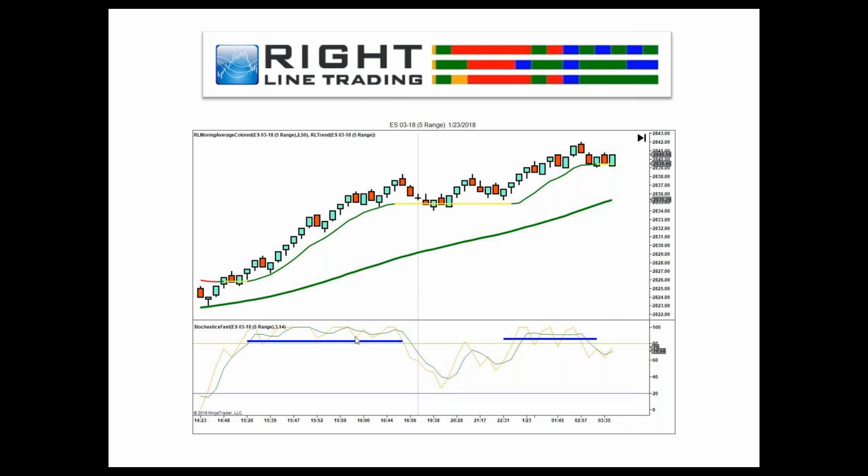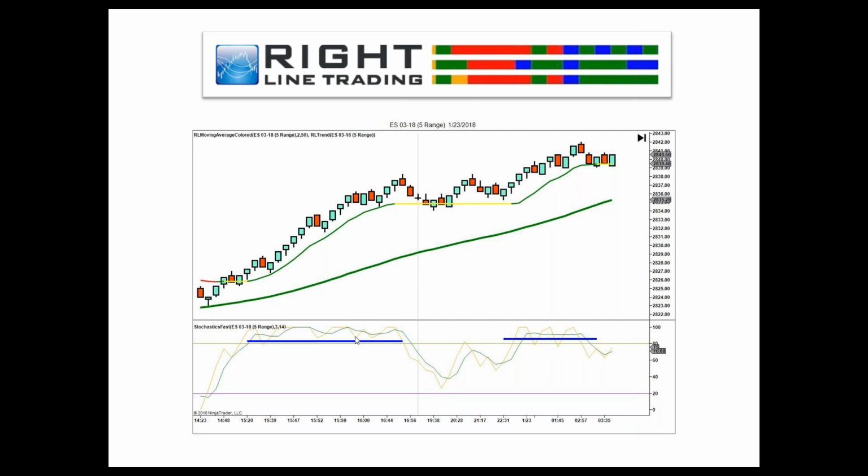If divergence never matures, then it's going to go back to green. So as there's a potential for divergence, the line is going to go yellow. And then the indicator waits to determine if it's going to mature and develop a divergence signal or whether that divergence signal is going to fail.